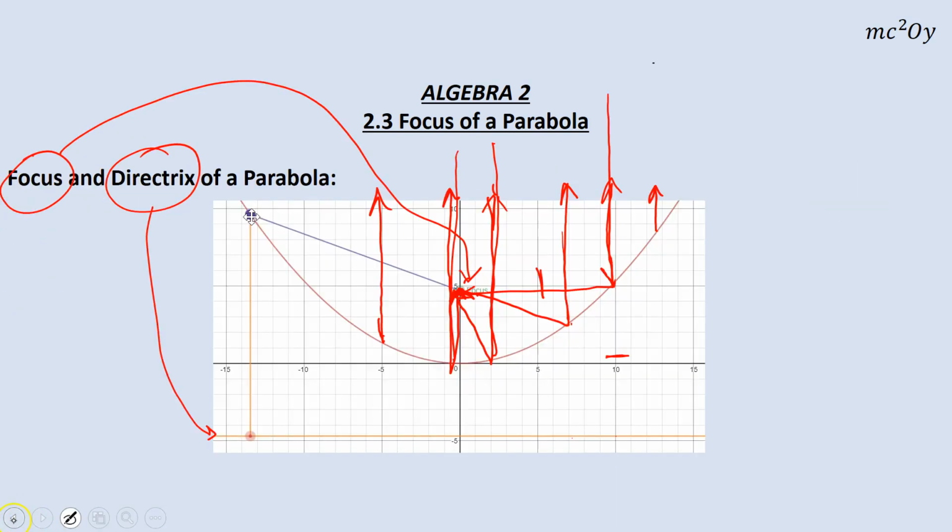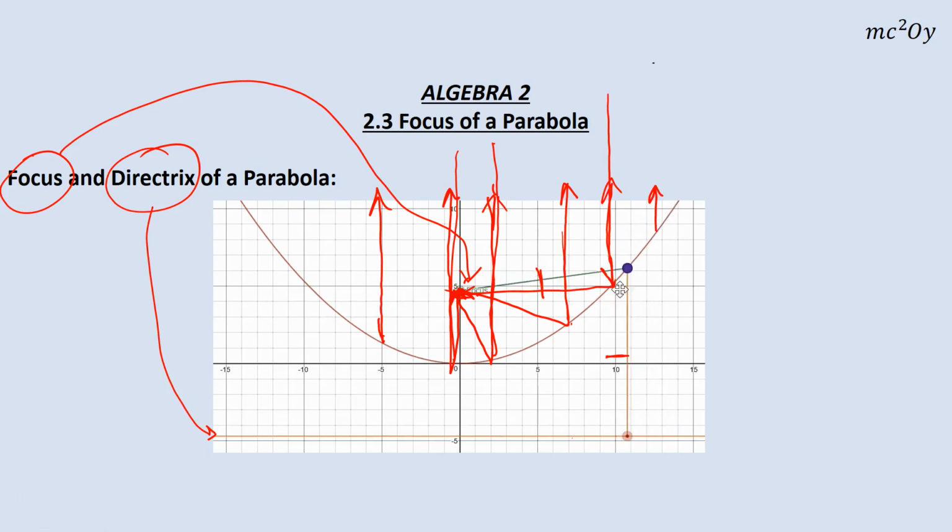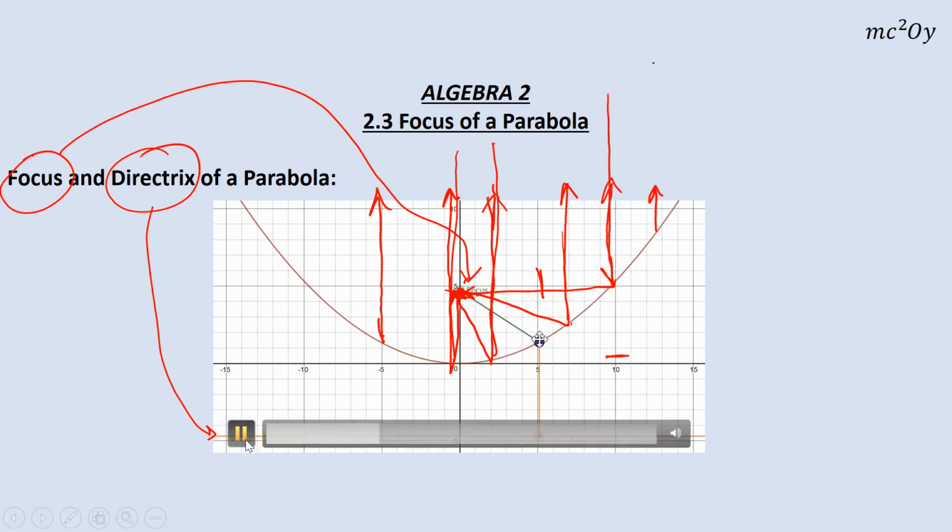So if we go back to this picture right here, notice how the distance from our focus out to the parabola and down to the directrix, those are identical. Bring that back to right there.